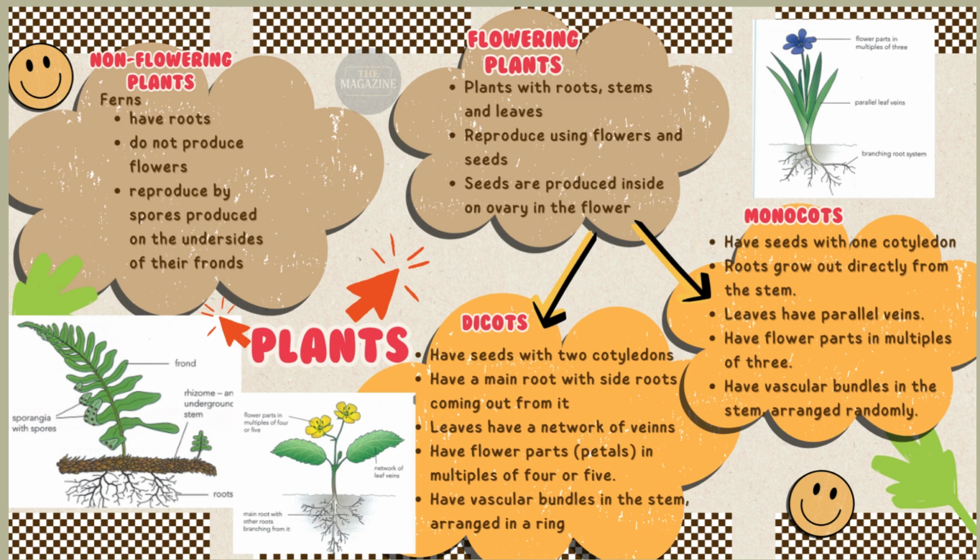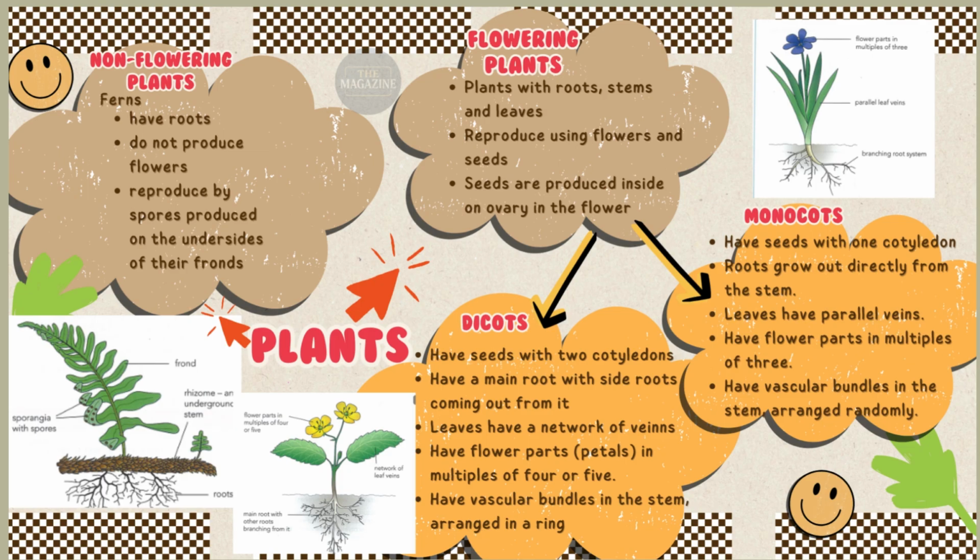Flowering plants we can divide again into two subcategories: dicots and monocots. Di means two, and cots refers to the parts of the seed. We can divide them into some special small parts called cotyledons.